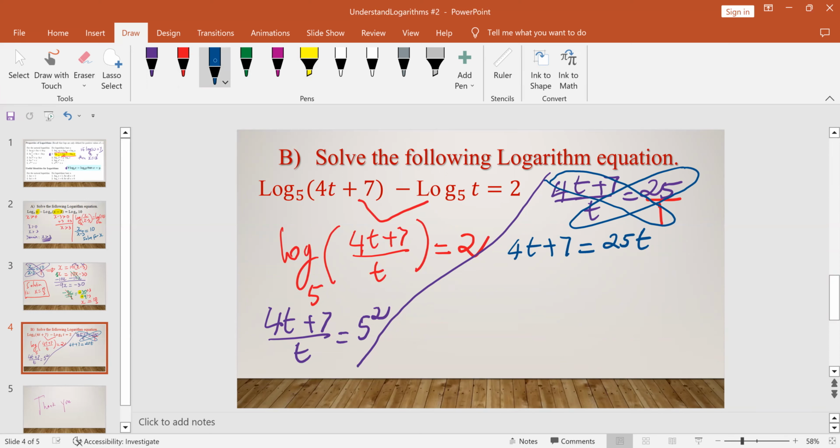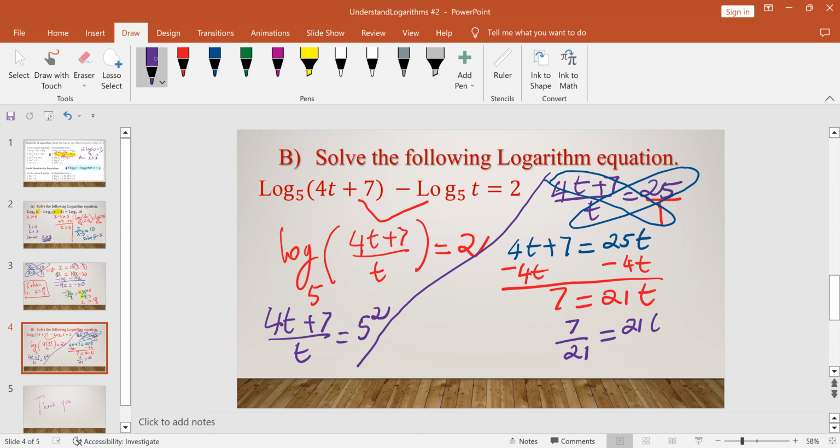Okay, we subtract 40, and we have 7 equals 21t. Now, to get the t alone, we need to divide both sides by 21. Equals 21t over 21.